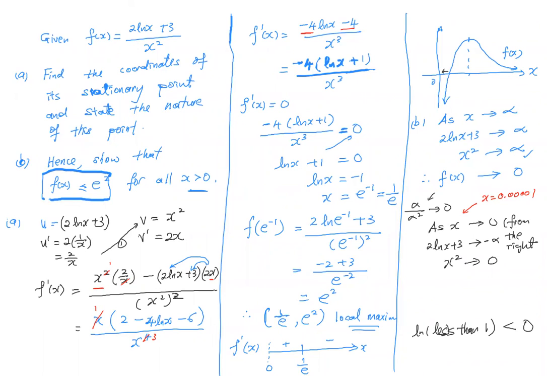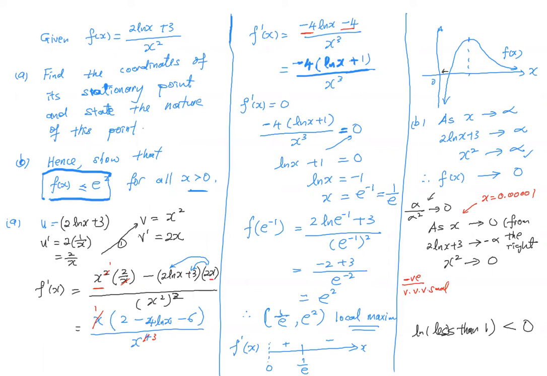So very small, divide by very, very small. So what will happen? Negative value. Okay, if you don't want, we just say it's less than 0. Negative divide by very, very, very small positive value.